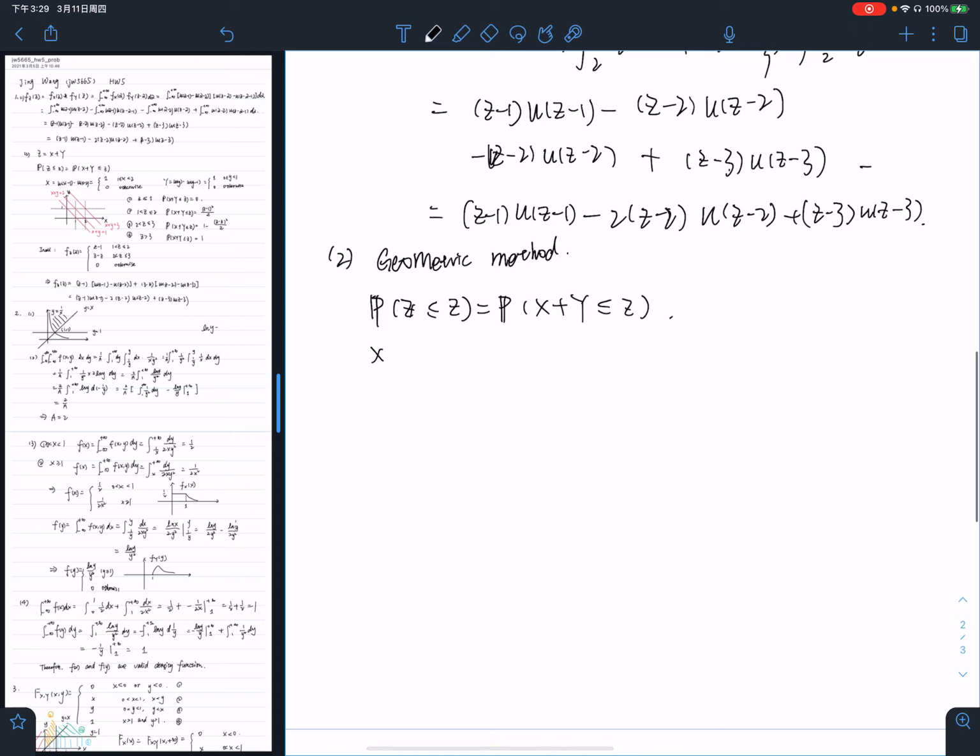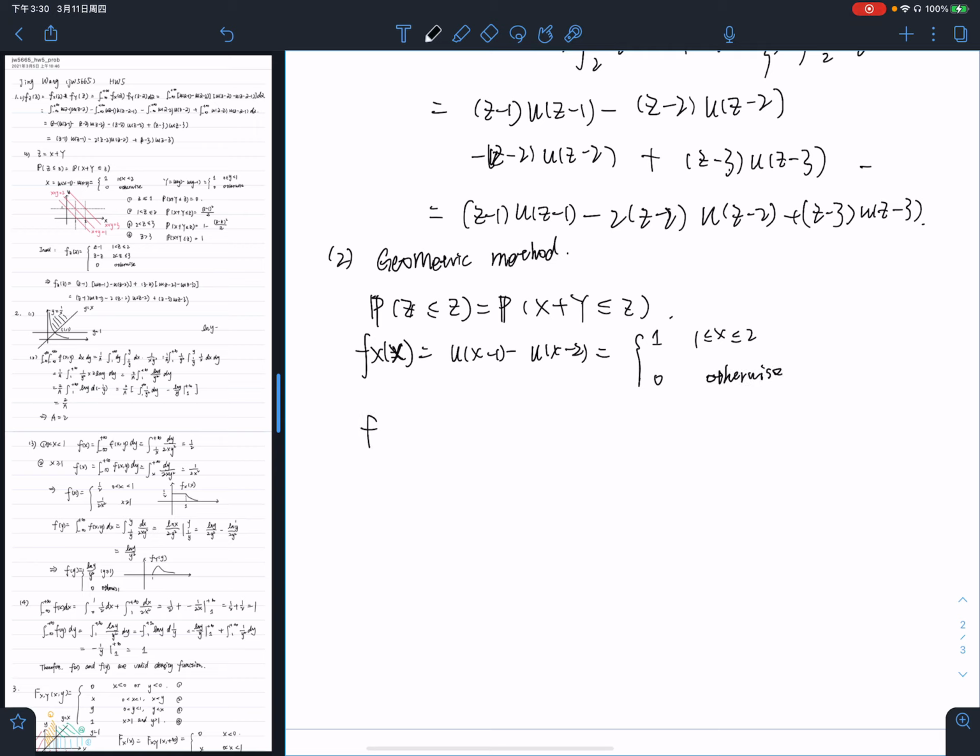Then the density function of x is u(x minus 1) minus u(x minus 2). It should be 1 if x is larger than 1 and smaller than 2, and 0 otherwise.